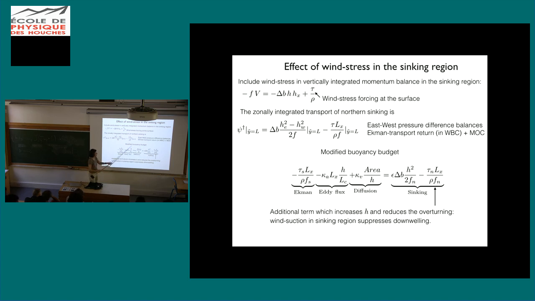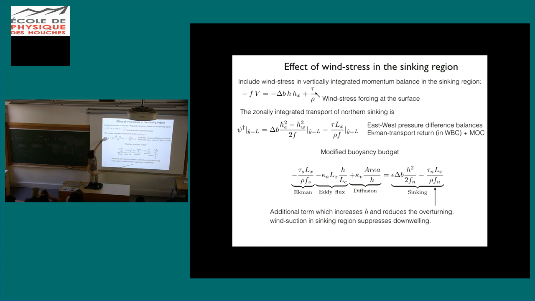So now I'm redoing that box model by Canadesican, and the sinking before was this expression, and now I say no, you should take into account this term, which is the return of the Ekman transport in that region. Okay?